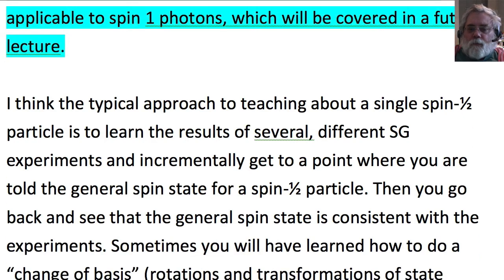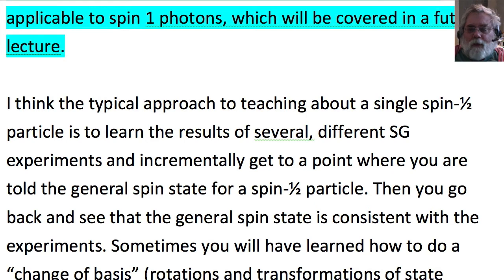I think the typical approach to teaching about spin 1/2 particles is to learn the results of several different Stern-Gerlach experiments and incrementally get to a point where you are then told or you develop the general spin state for a spin 1/2 particle.